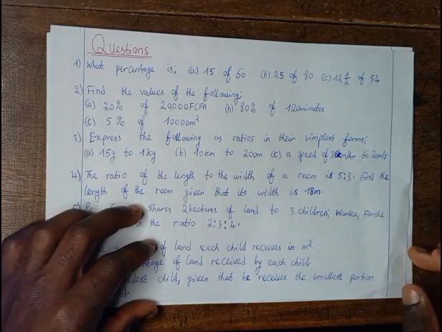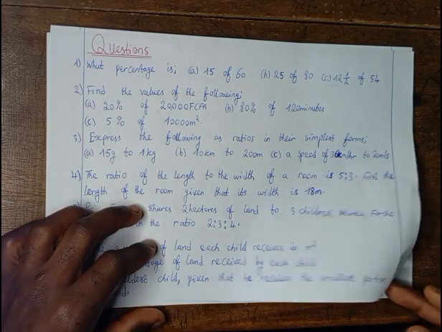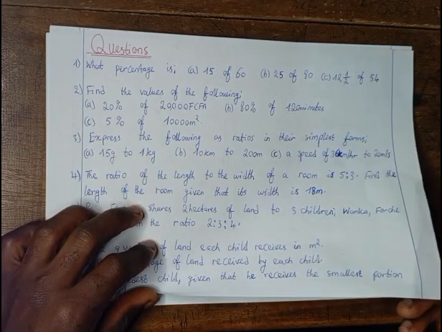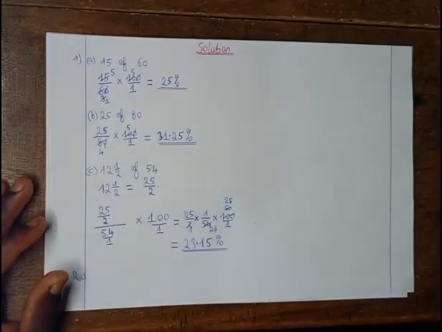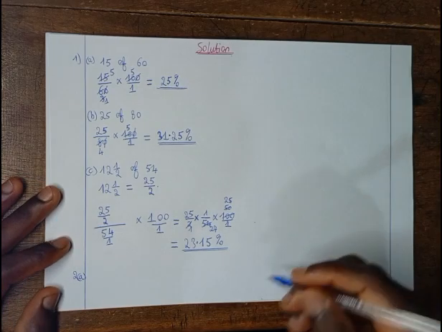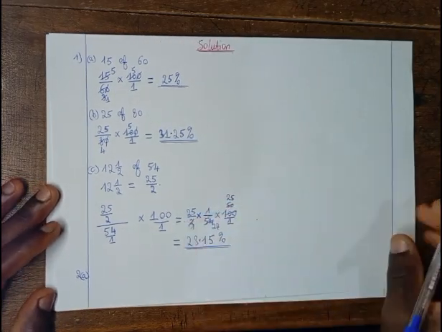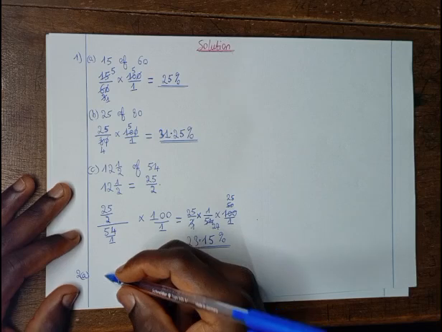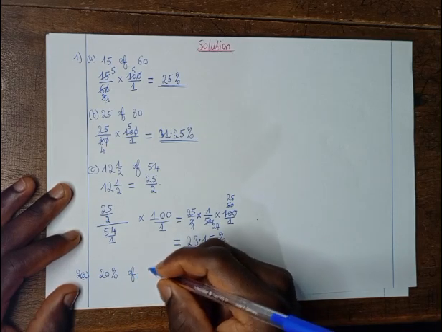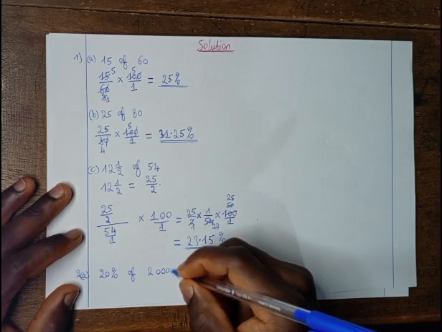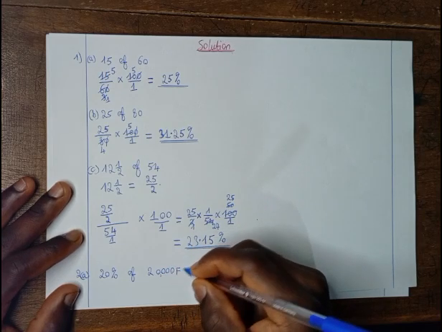B says we find 80% of 120 minutes. C says we should find 5% of 10,000 meters squared. If we take A, we have to find 20% of 20,000 francs CFA.